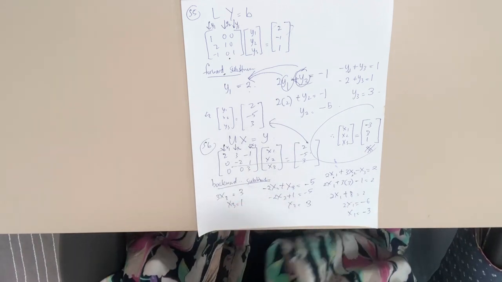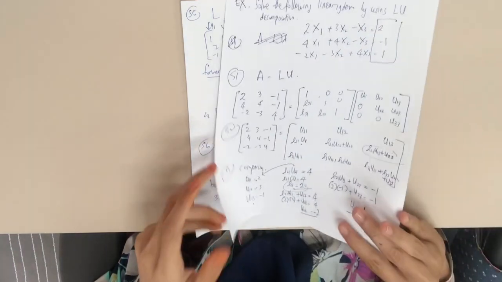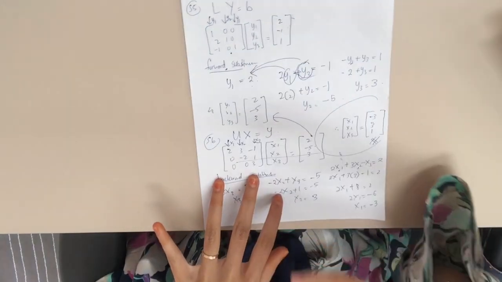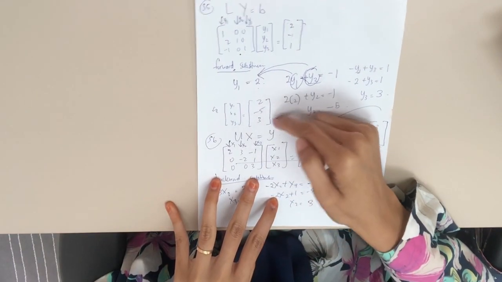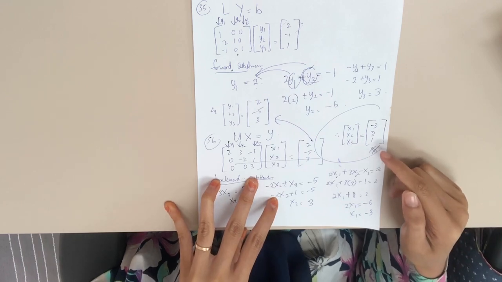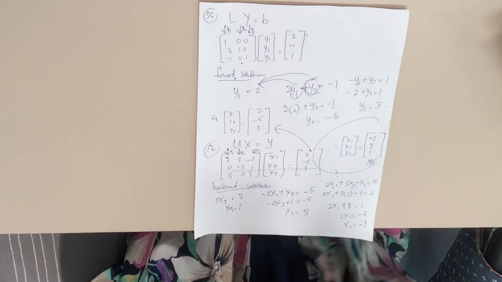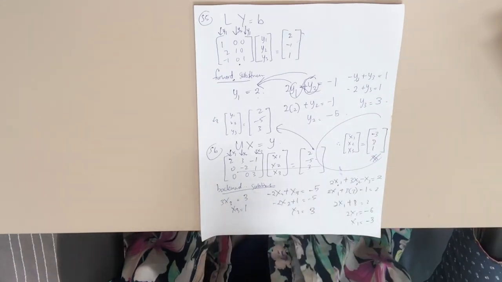Please do not make a mistake, because if you calculate wrongly, for example, if you make a mistake in finding L and U, it will affect your matrix Y, and lastly it will affect the value for X. So make sure you are careful. It's not only for this method, but the rest are the same. Don't rush too much in calculating.